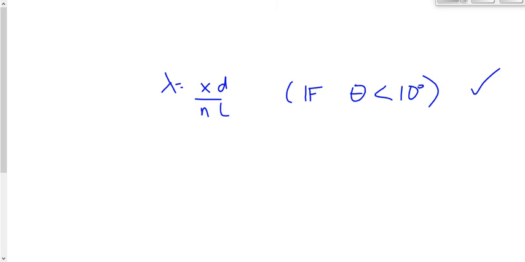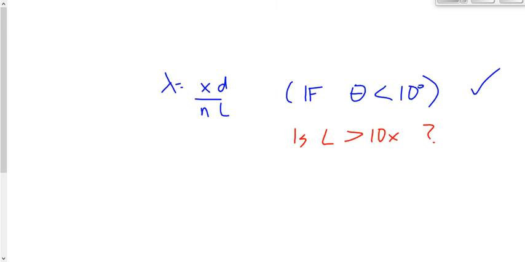Well, I have this little rule of thumb, and this is just my little thing. If you ever take this in university, you probably won't see it, but it'll still work, even though somebody else might not teach it to you. The rule of thumb is this: is L greater than 10 times X?